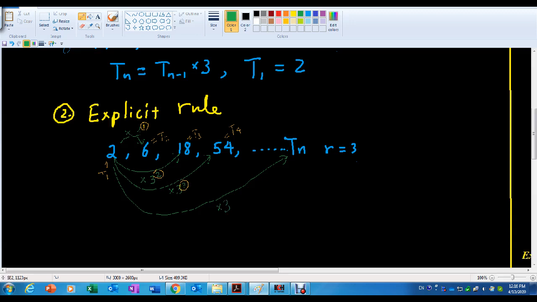How many 3s are going to multiply? If that's the fourth term, the number of 3s to multiply is 3. If that's the third term, the number of 3s to multiply is 2. So by using that pattern, you should see that for the nth term, we should multiply n minus 1 of 3.